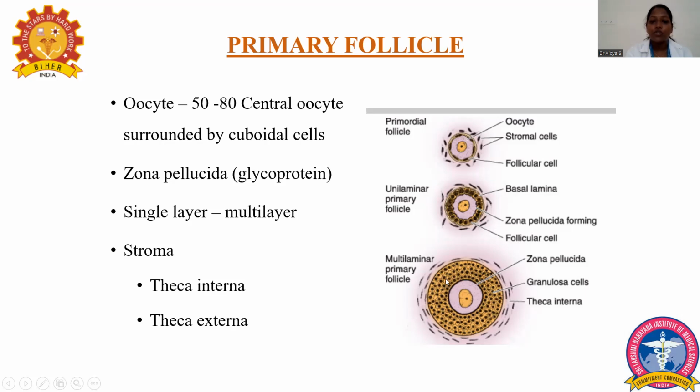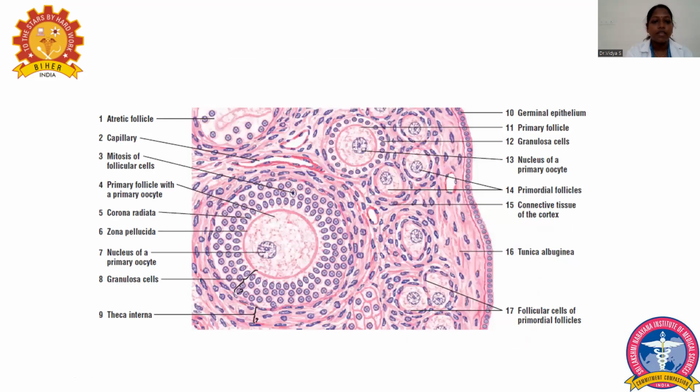This picture shows the zona pellucida, the glycoprotein which covers the primary oocyte, and it has a greater number of multiple layers of granulosa cells. The stroma is divided into theca interna and theca externa cells. The layer surrounding internally is called the theca interna, which is covered externally by the theca externa.